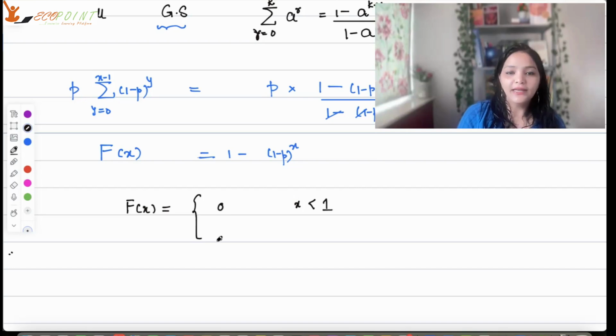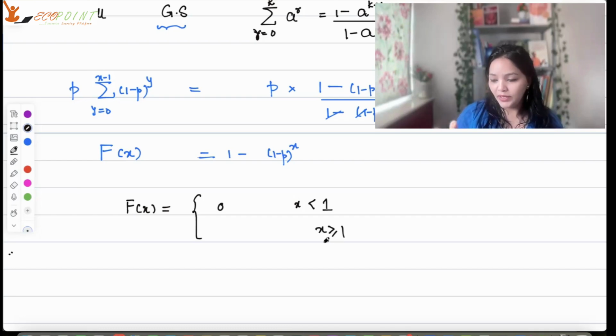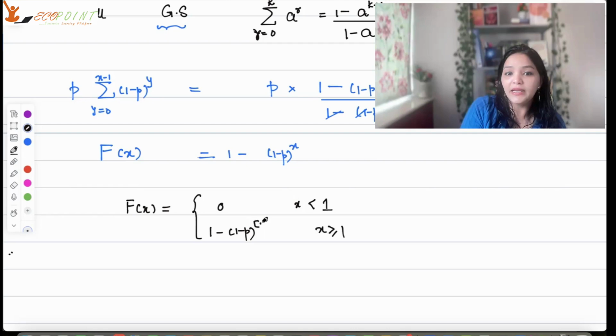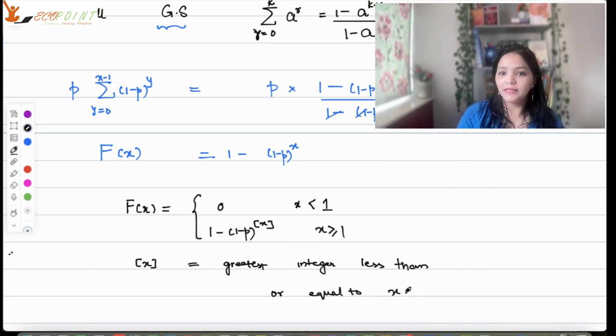Okay. So that is why when x is greater than or equal to 1, now, since I'm not writing 1, 2, 3, 4, I'm giving you an interval 1 to infinity. Here capital Fx will be 1 minus p to the power greatest integer x, where the greatest integer function, if you all can recall, greatest integer x means greatest integer less than or equal to x.